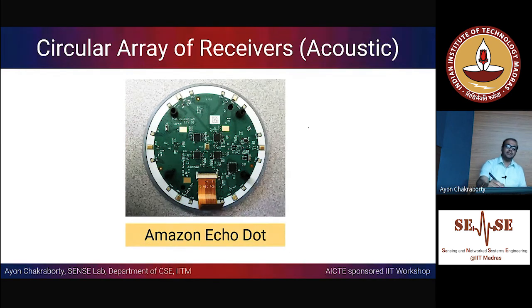They are trying to find out the angle of arrival for voice commands. So you are saying, hey Alexa, do something, and they can actually pick up from which direction you are talking. They have this array of microphones, and note that the separation in between the microphones is not a random thing.